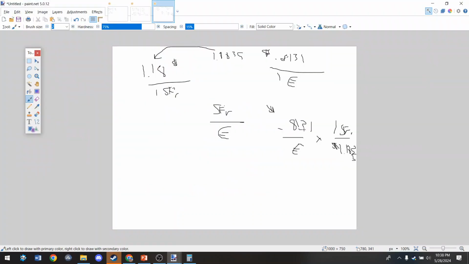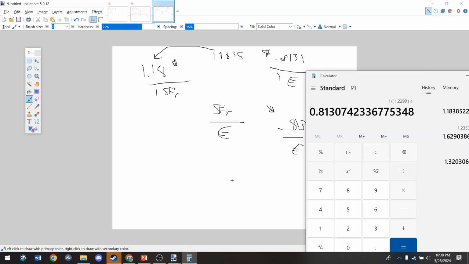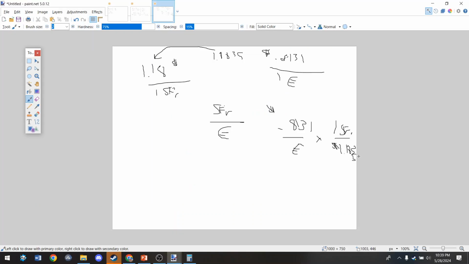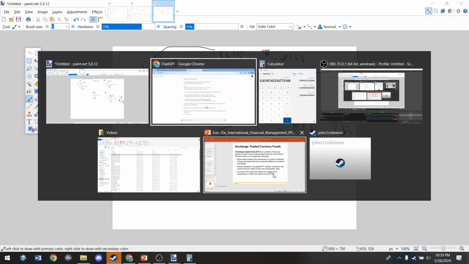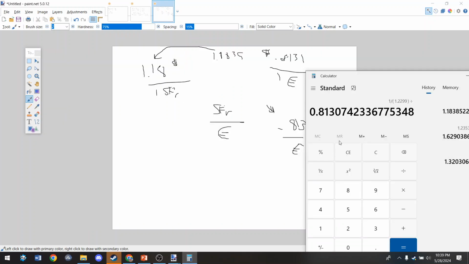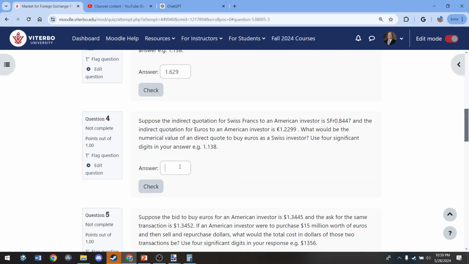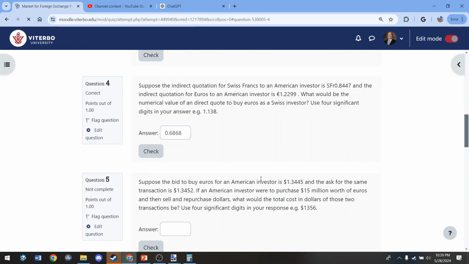So let's work it out: 1 divided by 0.1835, or 1839, gives .6868. All right, that's correct. What did ChatGPT tell us?